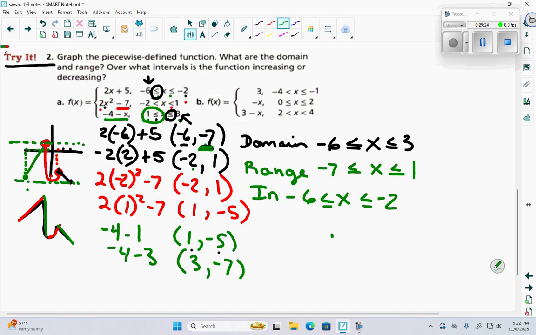But that one was an open circle, so that shouldn't have an equals on that one. Let me erase that, if it's going to let me. Sorry, my smart board's not operating. Well, guys, just pretend like you can see that that's not there. So you just want less than, not less than or equal to.